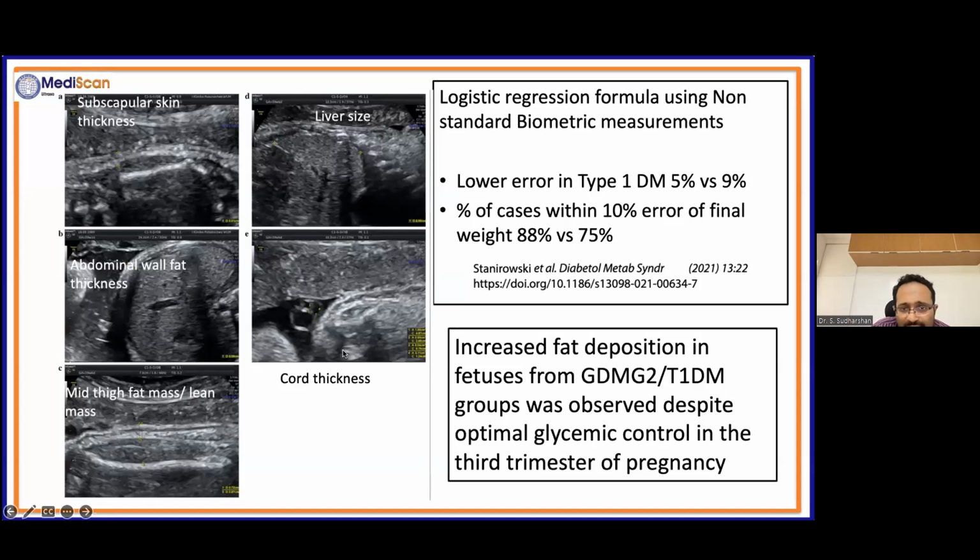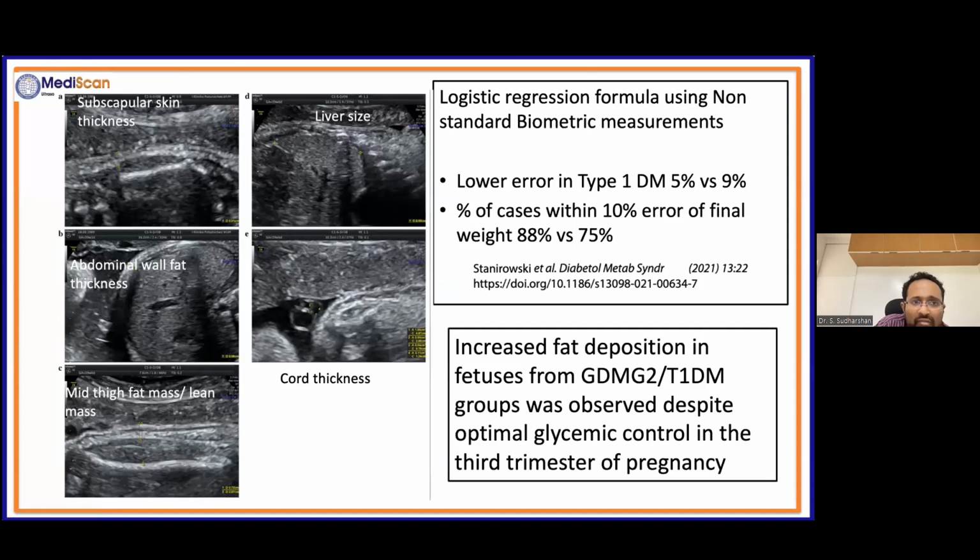What this paper said was, yes, over and above our standard Hadlock formula, if in this late third trimester we include all these parameters in a specific algorithm, then the prediction rate improves to close to 90%, and the error rate in weight estimation is much lesser compared to the Hadlock formula.